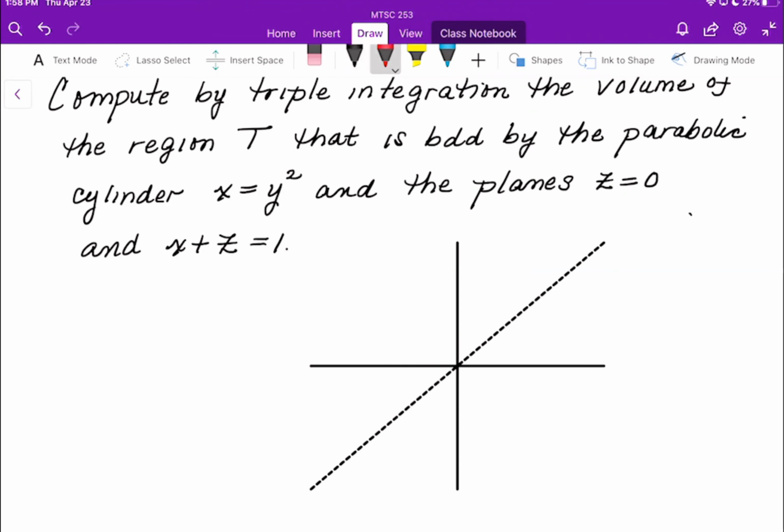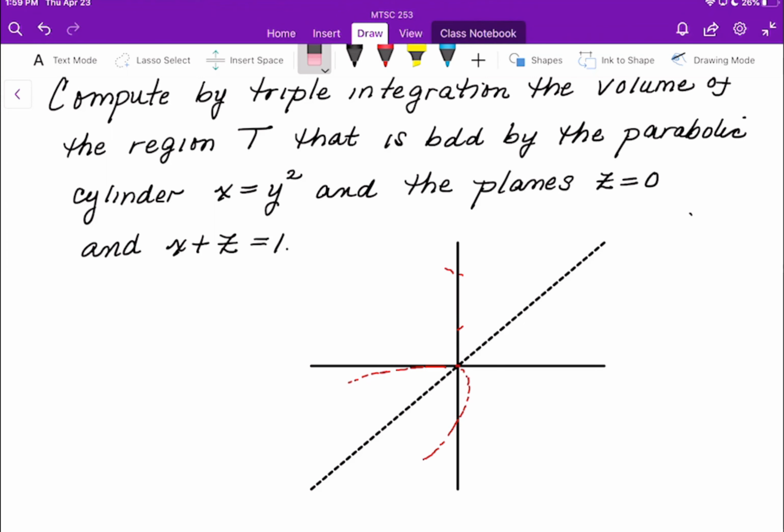So there's a parabolic cylinder. Here's my parabolic cylinder, coming around like this. But this thing is bounded by the parabolic cylinder and the plane.